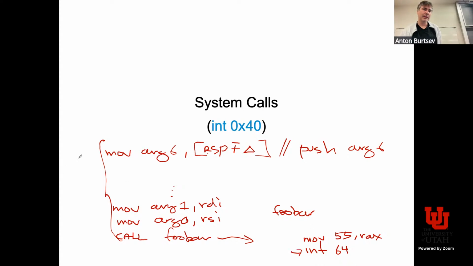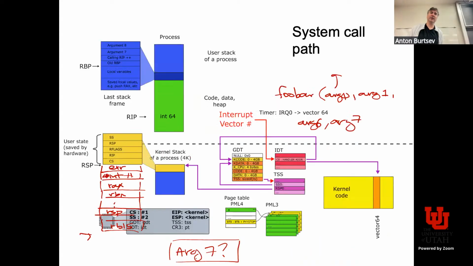So we are looking for argument 6, right? So where is it on this diagram then? It will be on the user stack. Probably this specific stack layout is not correct, but it will be pushed here as argument 6.